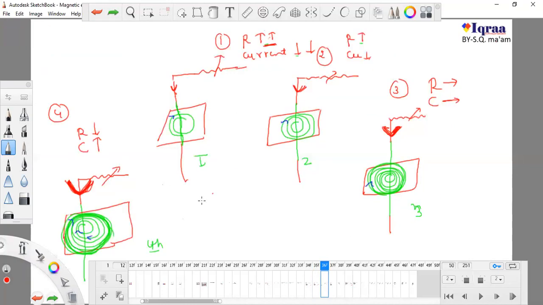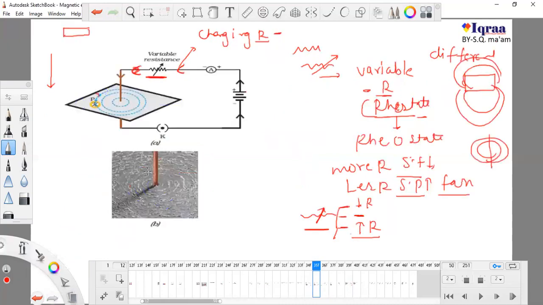The number of magnetic field lines which aggregate here depends upon how much current is flowing through this. If it is less current, more current, or much more current, the aggregation of magnetic field lines will take either one circle, or two, three, or four circles.